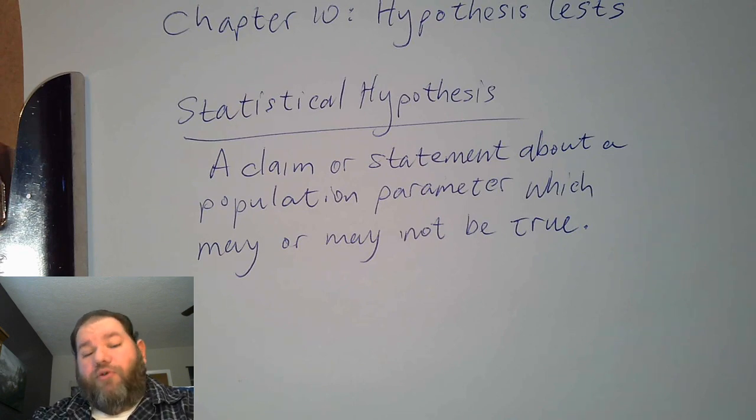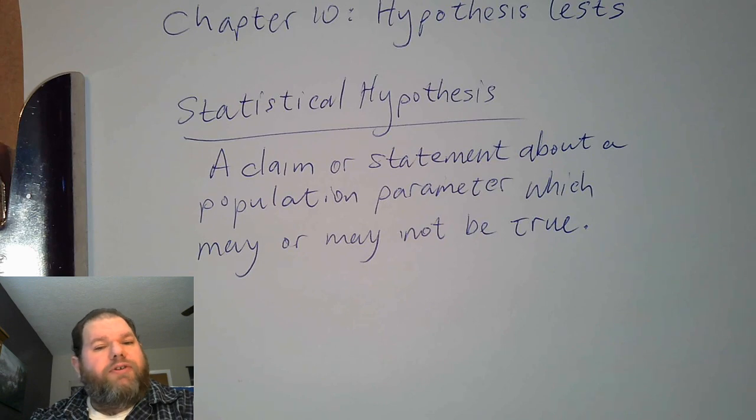Now, the important thing to mention here is that if we've done this research, we're not saying that the average age is now 26. We're saying that we just don't think it's 25 anymore. We think it's increased.